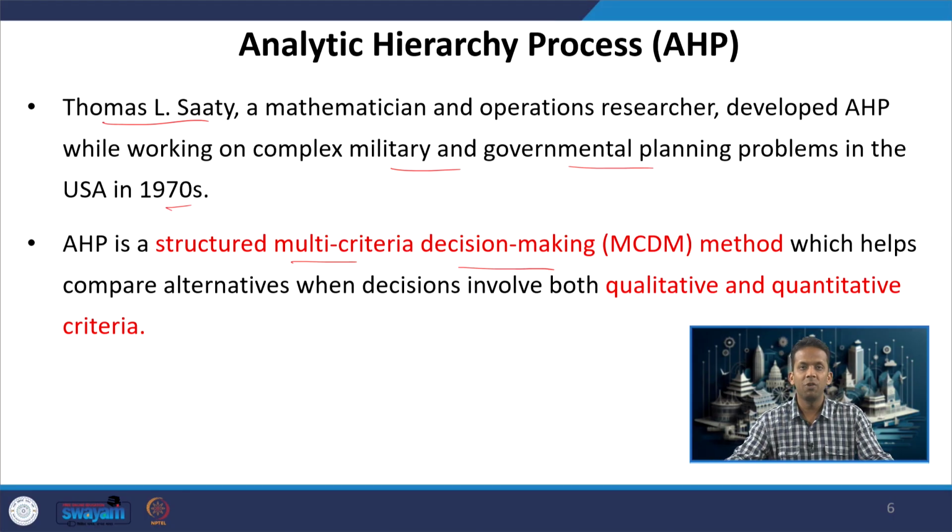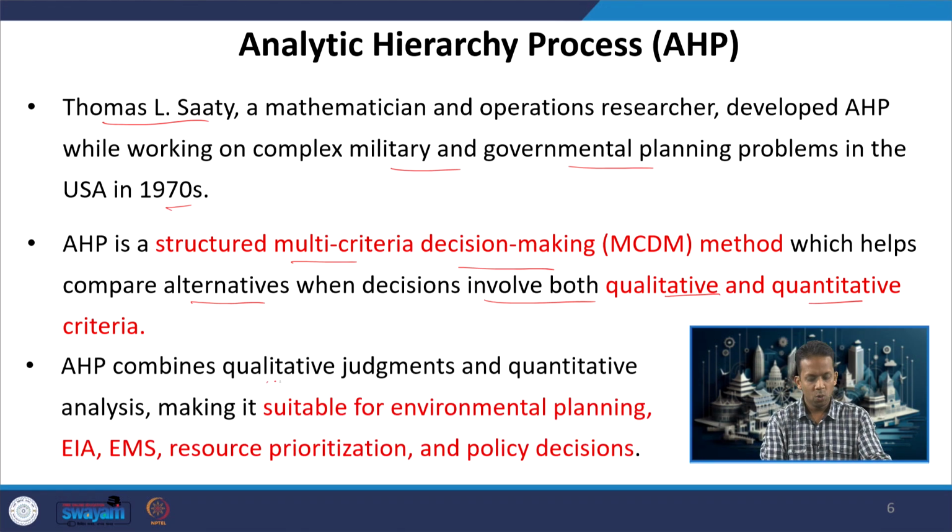It is one of the most widely used across different sectors like engineering, banking, policy making, EIA and the energy sector. And it helps to compare alternatives when decisions involve both qualitative and quantitative criteria. I mentioned this earlier also. For multi-criteria decision making methods, it is possible to compare apples versus oranges. Qualitative and quantitative criteria we can compare.